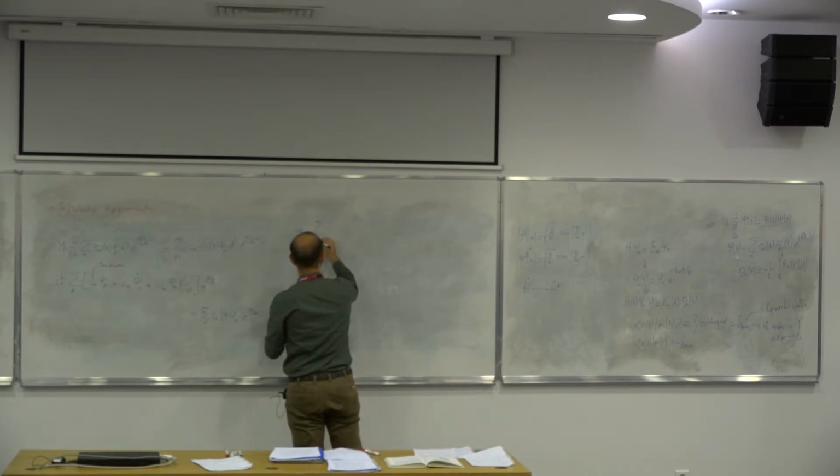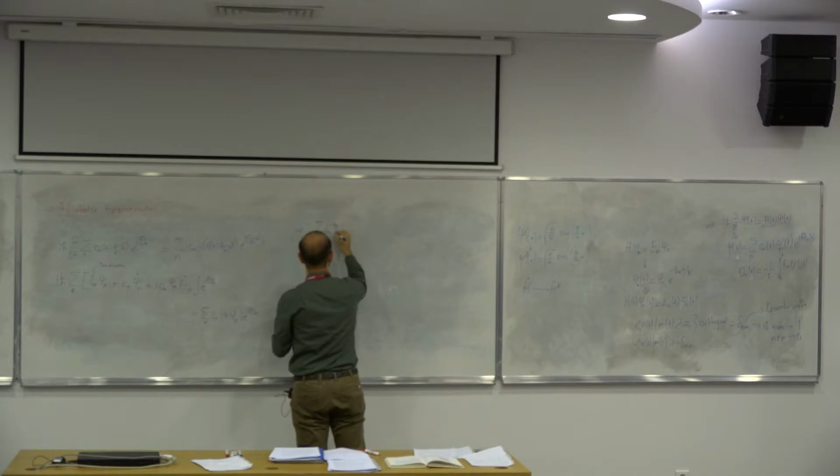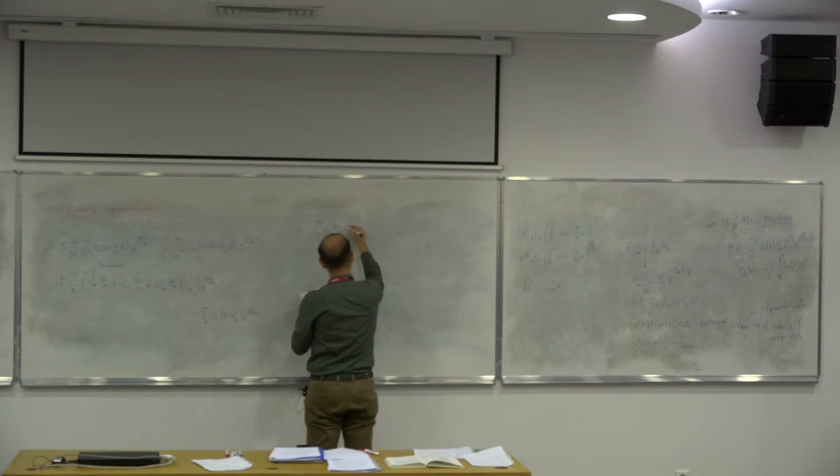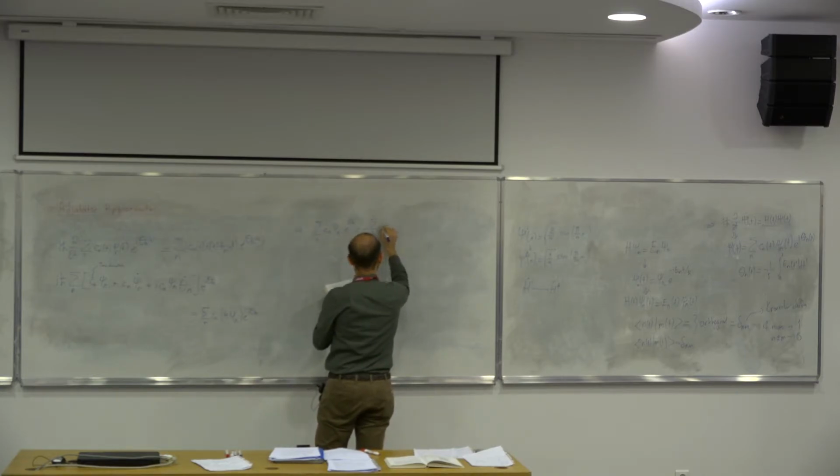So this is something we can write: e^{iθ_n} goes to sum over n of C_n φ̇_n e^{iθ_n}.